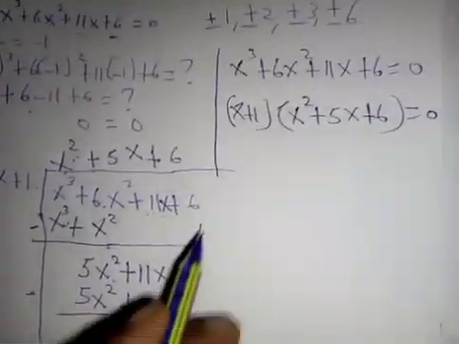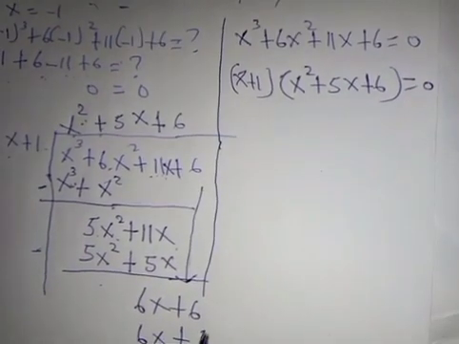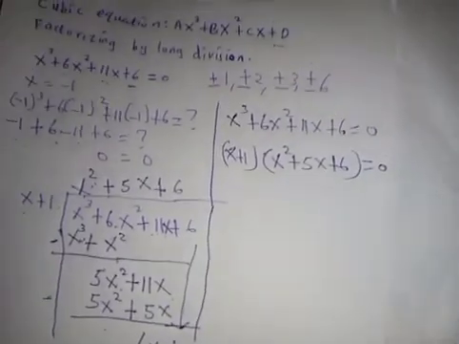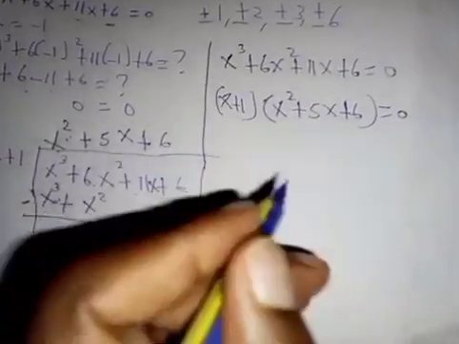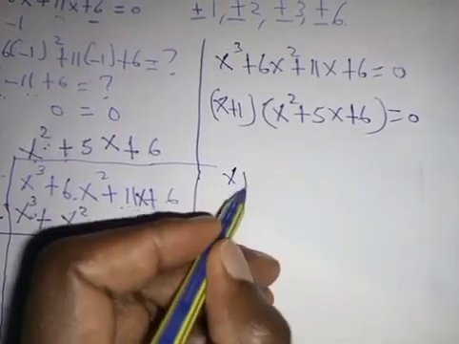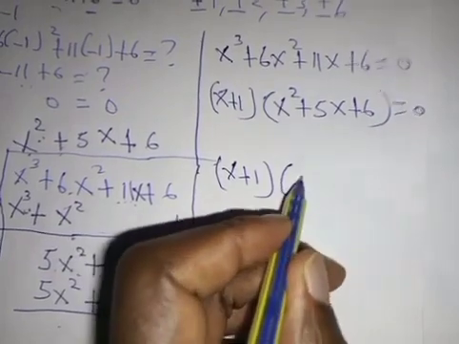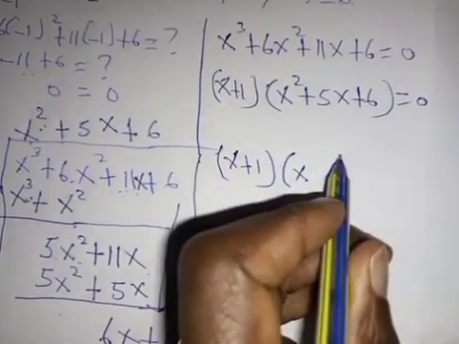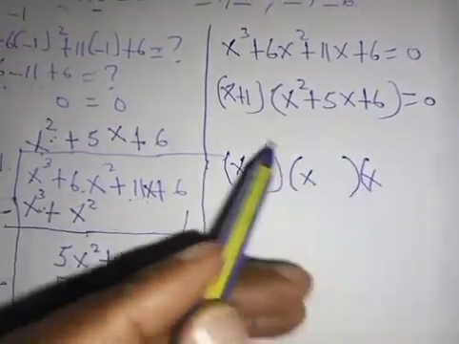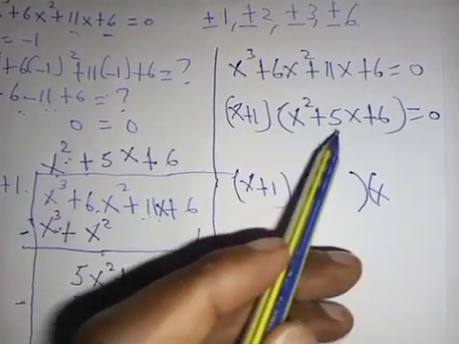Now, the quadratic equation can be factorized. So we will have x plus 1 into bracket, x times x. So you ask yourself, what are two numbers which when you multiply you get 6 and when you add you get 5?